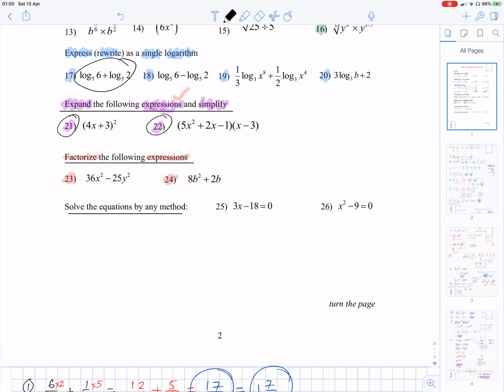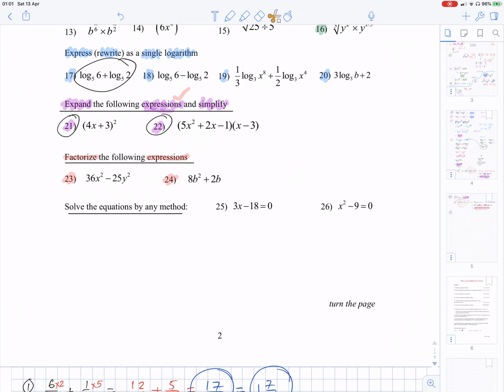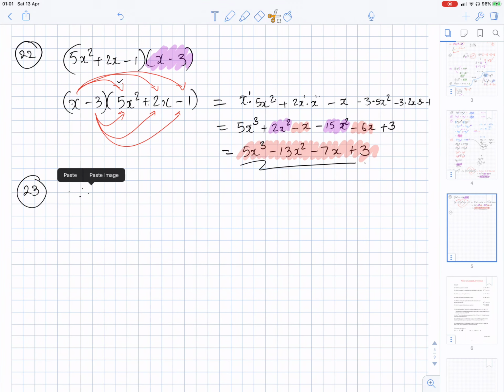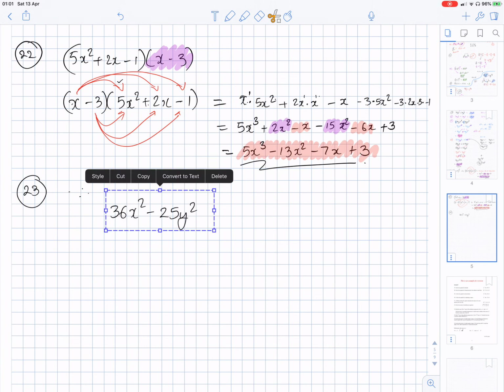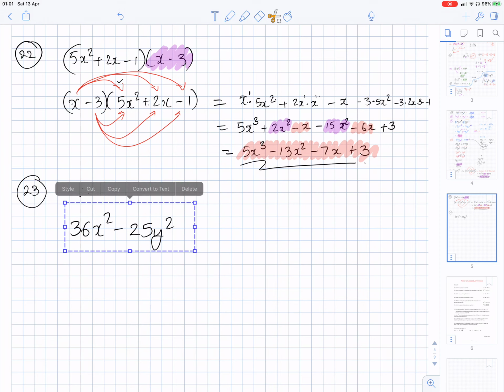Hopefully it appears. Okay, that's gone, so let's do that again. 36x squared minus 25y squared. Let's cut that and paste it here. Okay, this time I've managed. So this is what I want.